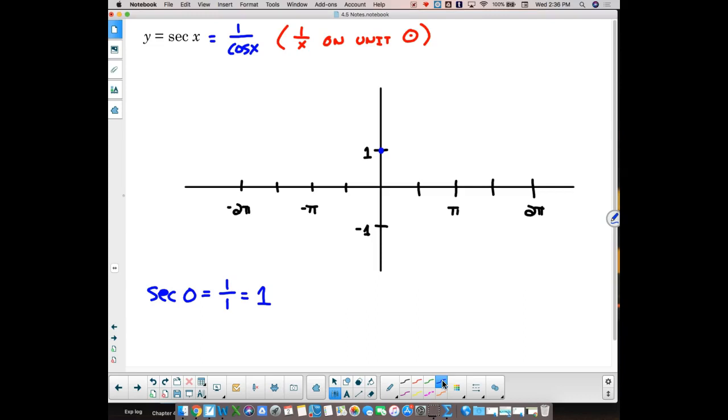Which means the secant of 2 pi is what? 1.